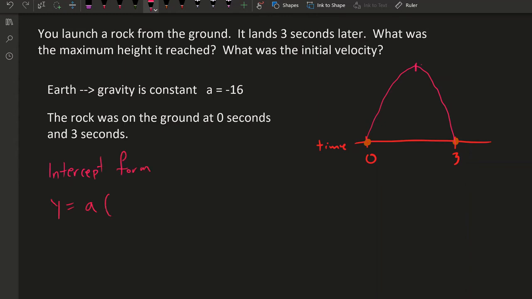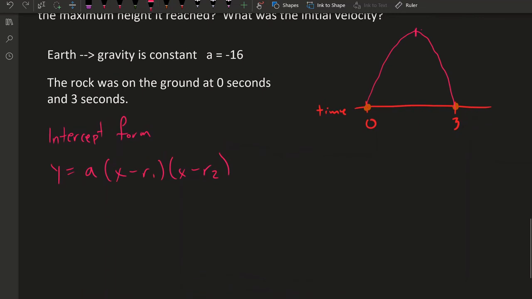Y equals a, x minus root number 1, x minus root number 2. So remember that the roots are where it hits the x-axis, or in our case, the ground. And the a is the vertical stretch. So we know that it's going to hit the ground at 0 and 3, and our vertical stretch is 16. So we can say y equals -16 because we're on the planet Earth. X minus 0, x minus 3.